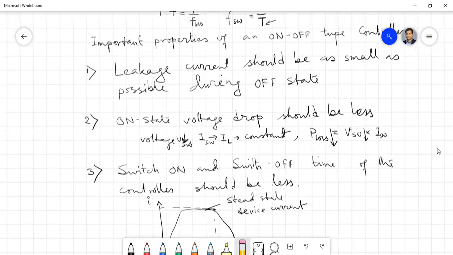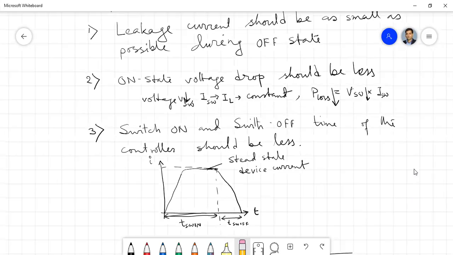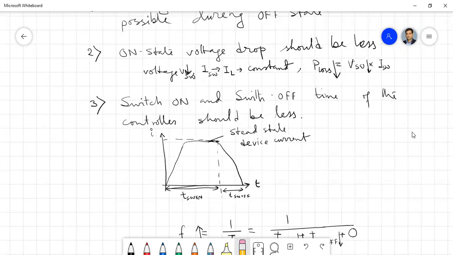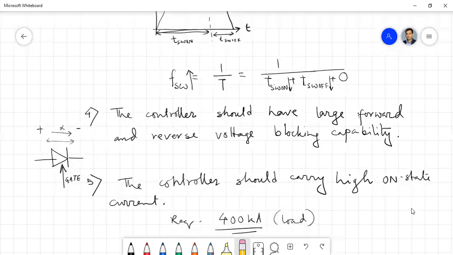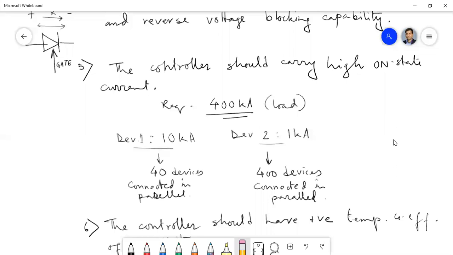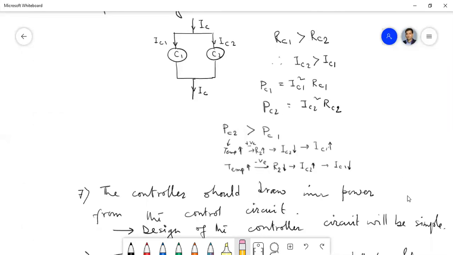So when we select a specific power electronic controller for our study or our circuit, then we have to think of these properties or characteristics. These are the things we discussed in the last class.